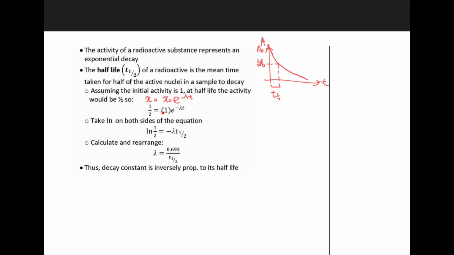Then you simplify it, you ln both sides. Then you get this. Then you bring the t half down, then you get this formula. So we use this formula to calculate the decay constant. So you also need to know how you get this formula.